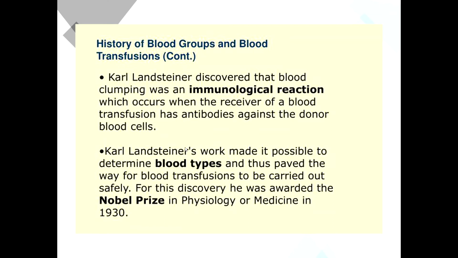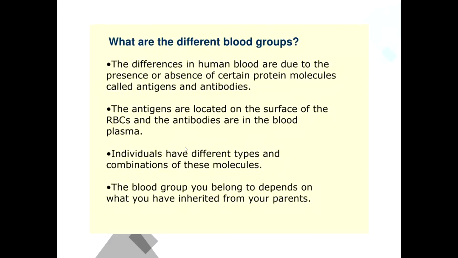The first protein they discovered, they called protein A, and that was blood type A. If you had that protein, they would call you type A. And then they found B. And then they found some people had both, so they called them AB, and some people didn't have any, and they called them O or 0. So, looking at these blood groups, the differences in human blood are due to the presence or absence of certain protein molecules, and those are called antigens.